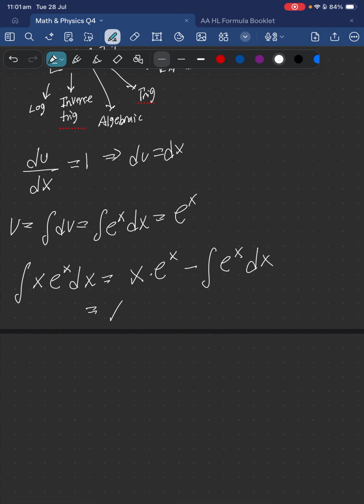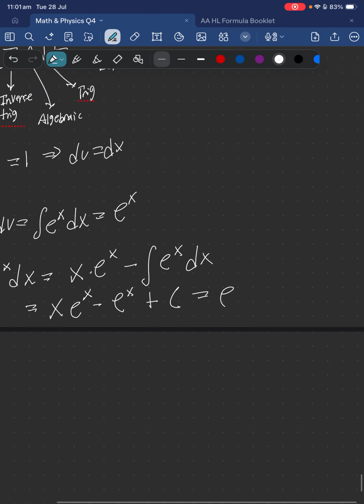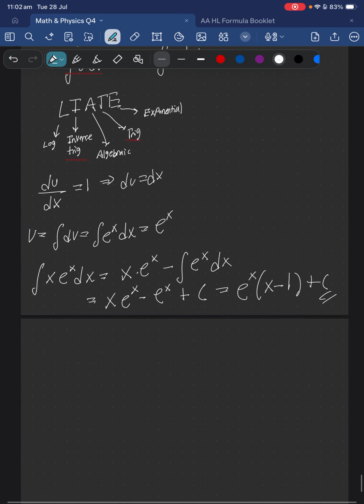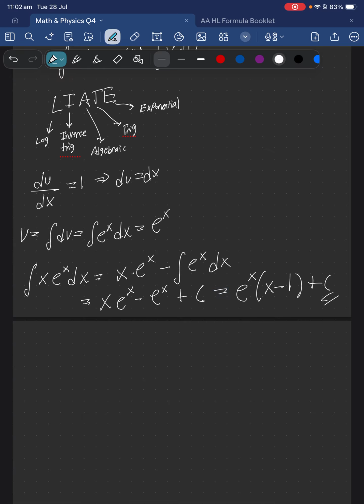And this is just equal to x times e to the power of x, minus e to the power of x, plus our integration constant c. So you can just factorize this and write e to the power of x times (x minus 1) plus c. And that is going to be the answer.